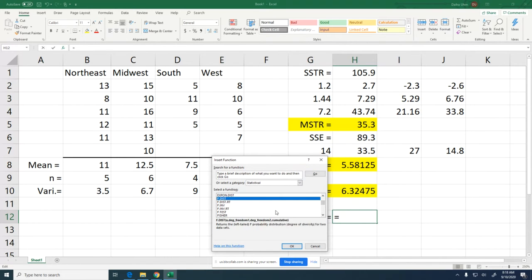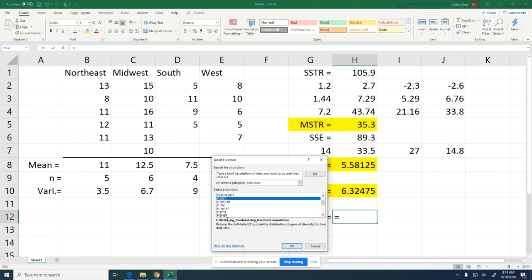Here are some functions for the F distribution. The first one is F dot dist. It returns the left tail probability. It's good, right? But where was the p-value? Right tail, right?